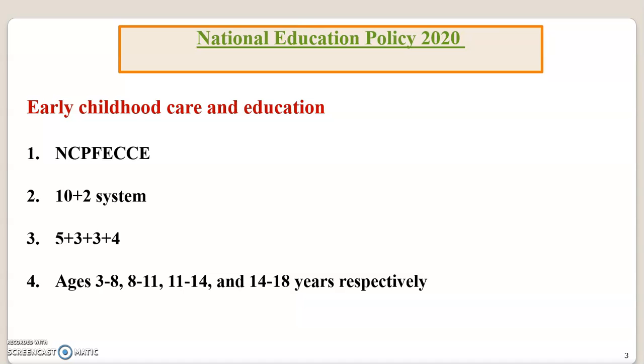The first 5 years of childhood, from the age of 3 to 8, will be the foundational stage. It focuses on learning various languages, probably in the mother tongue. Emphasis is also given to activity-based learning, and after these 5 years children will enter the third class.